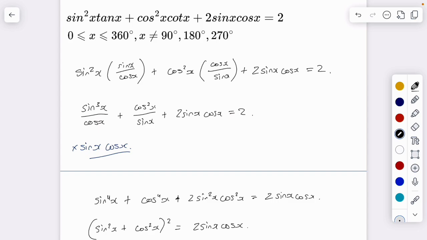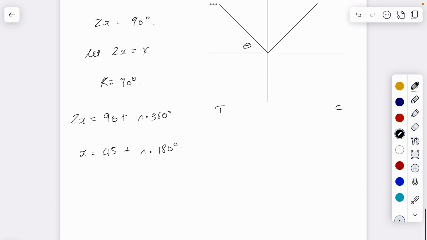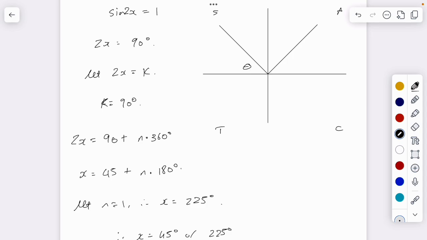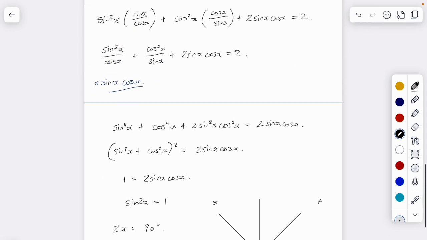If we make n equal 1, remember our period over here is 360, therefore x is going to equal 225. So therefore, x is going to equal 45 degrees or 225 degrees. And those are going to be your final answers for that question.